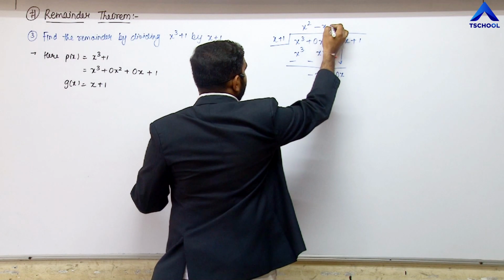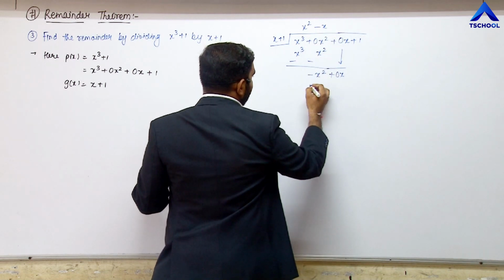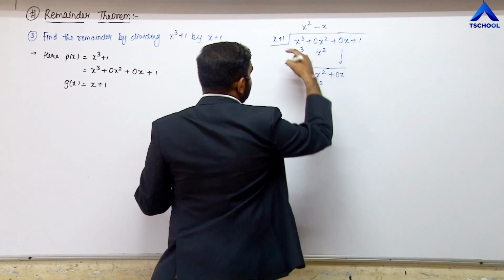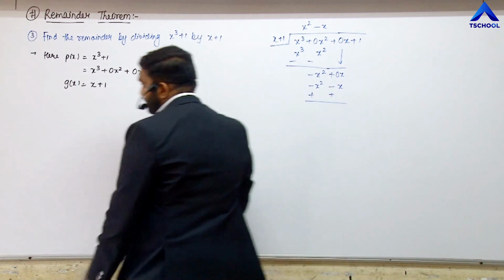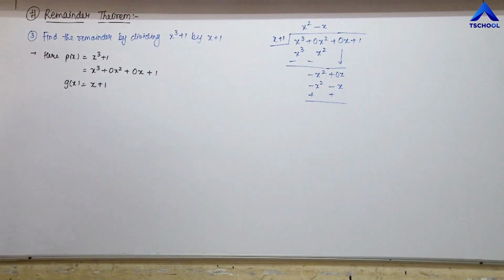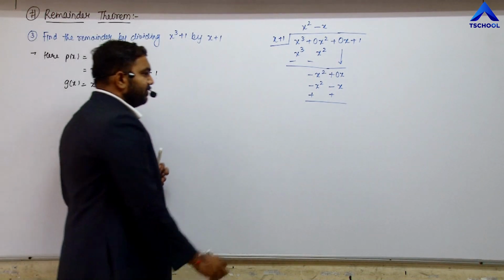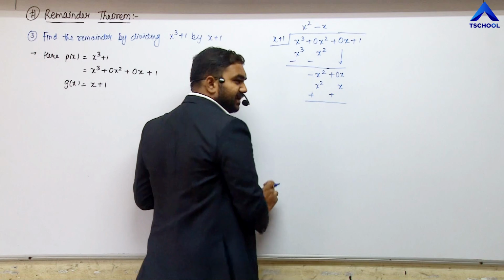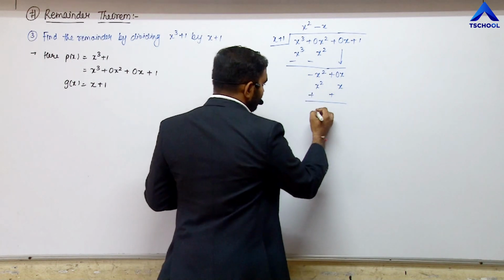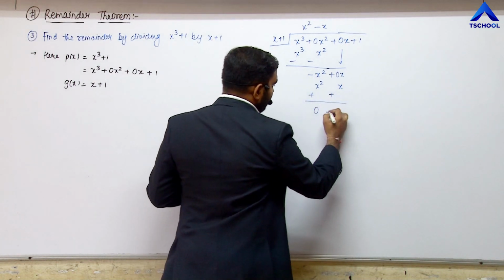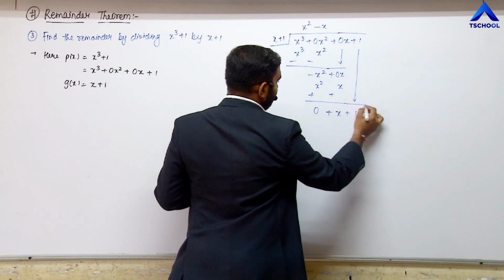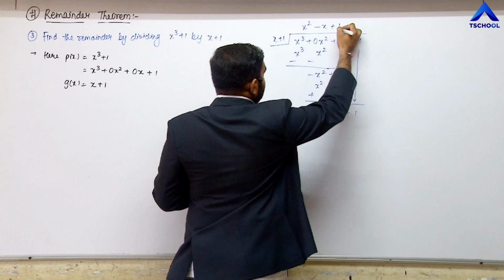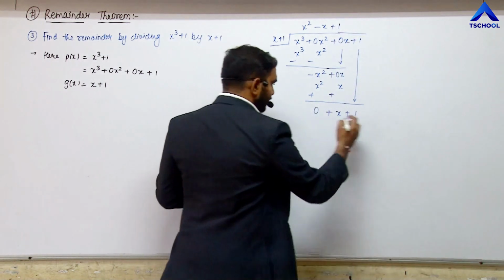Again you shall multiply it by x, sorry, minus x, that becomes minus x square minus x. Change of signs, both the minus becomes plus. So that goes for plus x square and plus x. Here the signs will be cancelled. Minus x square plus x square is 0, and here it becomes plus x. This one is brought down here at the bottom, so there is no need of multiplying anything here.